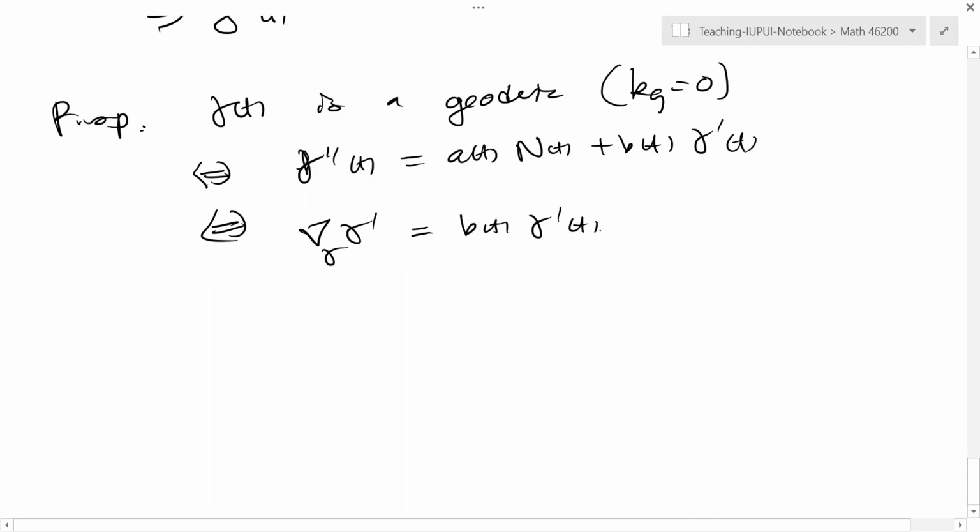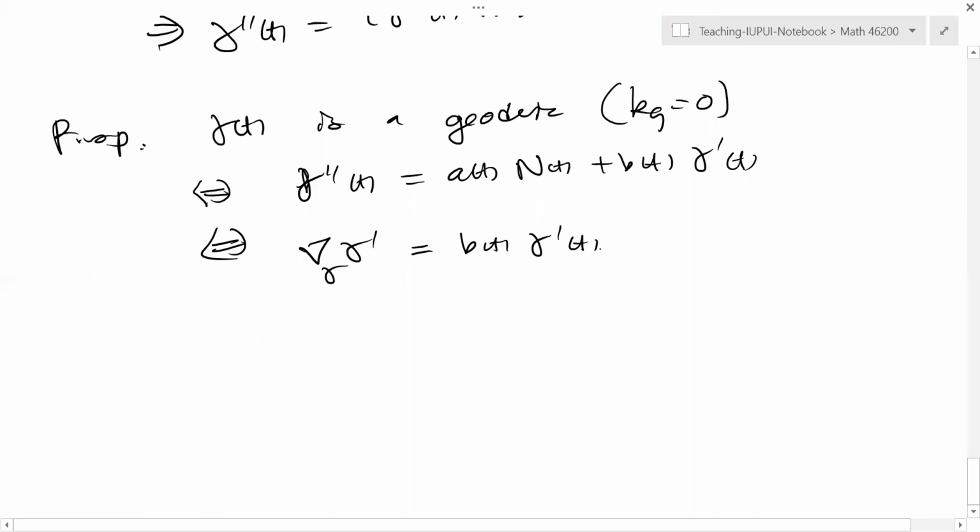I don't like this. We define a curve to be geodesic, it should be independent of parameter.